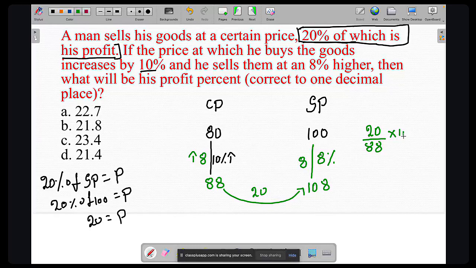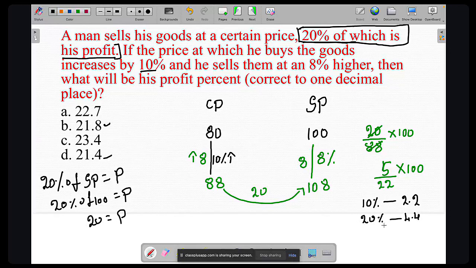So I can write 20 by 88, which is 5 by 22, into 100. Now I have to do this calculation. 10% is 2.2. 20% is 4.4. The answer is a little bit more than 20%, so I have many options, either this or this.